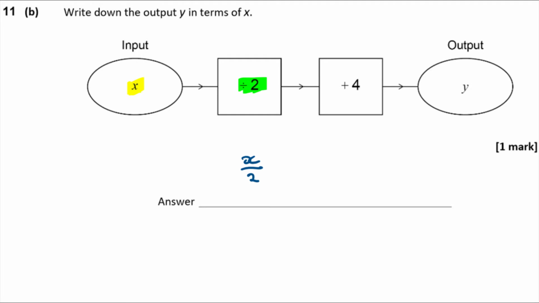So x over 2 is what I do first, and then I add 4 to it, and that gives me my output y. So what is the output y in terms of x? Y is going to be equal to x over 2 plus 4. Here's my y, here's the x I started with, then I divided it by 2, and then I added 4. So y equals x over 2 plus 4.